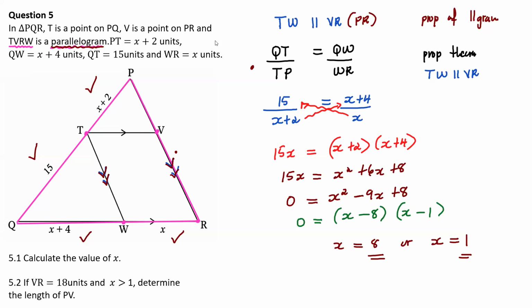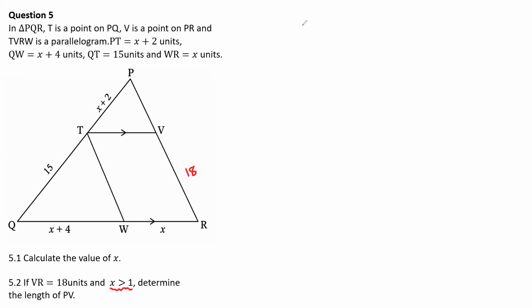But for 5.2, they specify that VR is 18 and x is greater than 1. Remember, our value for x was either 1 or 8, and the restriction for 5.2 says x is greater than 1. So x is 8. What do they want?